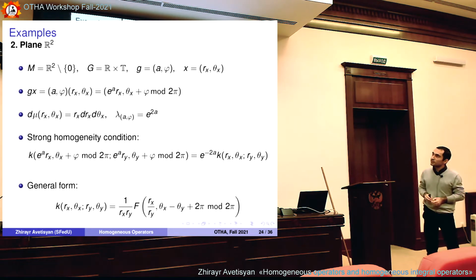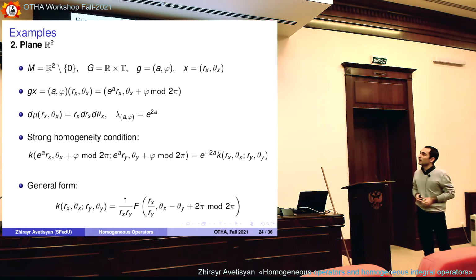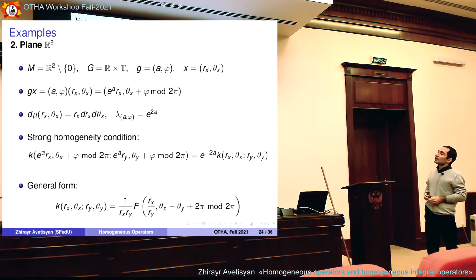The group is still a cylinder that acts, and the group elements are in cylindrical coordinates, whereas the elements of the space are in polar coordinates. And the action is given in a radial form, so there is a standard rotation and a certain dilation which acts radially. The measure is the usual Lebesgue measure, and the character is e to the 2a.